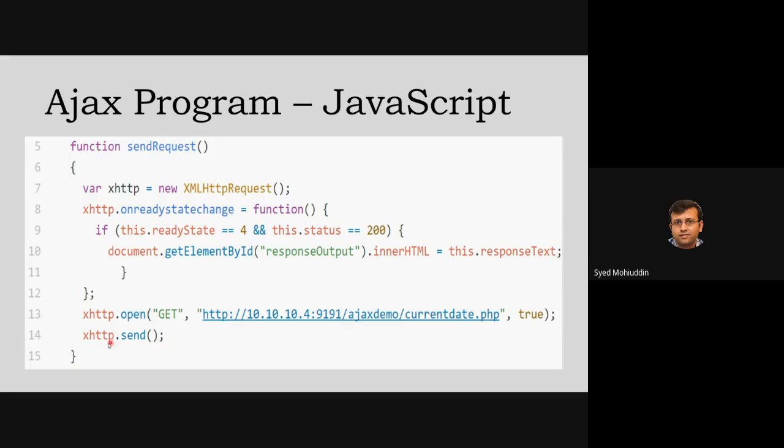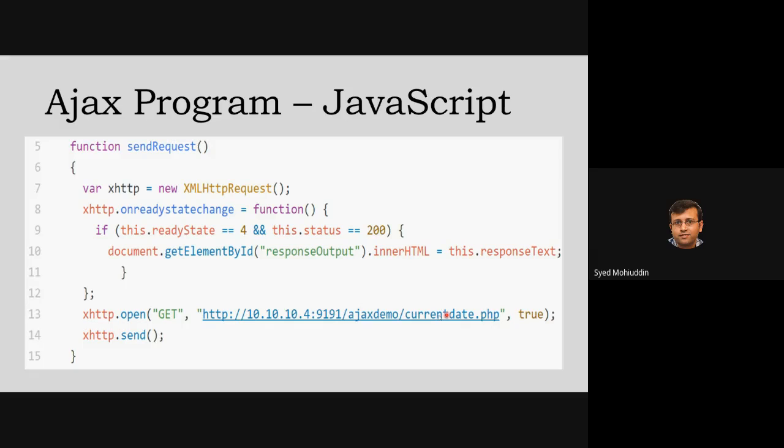Now the last thing we will be doing is using the xhttp object dot send. This is the request that will be sent. So once the request is sent, obviously from line 8 to line 12, this part is waiting for the response.